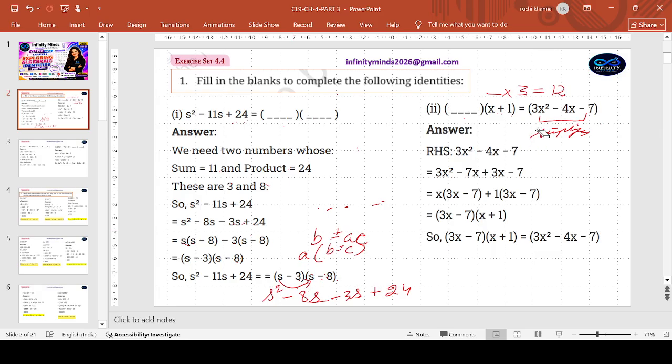So as I had told you, the coefficient: 3 into 7 is 21. If I do the prime factorization for 21, I only get 3 and 7 as the factors.